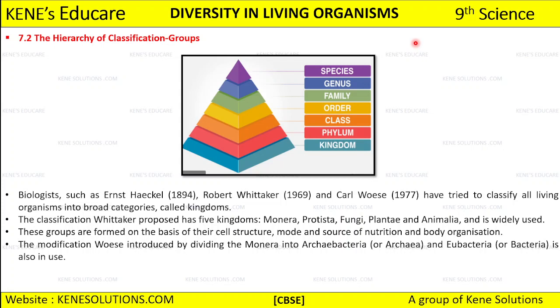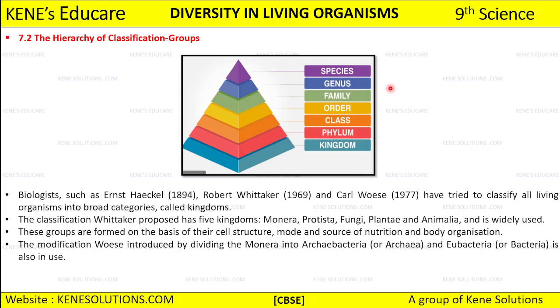Who has given us the 5 kingdom system? It was given by R.H. Whittaker sir, right? I don't want you all to forget the name of R.H. Whittaker sir, because the whole concept of diversity was given by him. So don't forget his name, because an objective question can be asked to you with respect to this. So always remember his name.